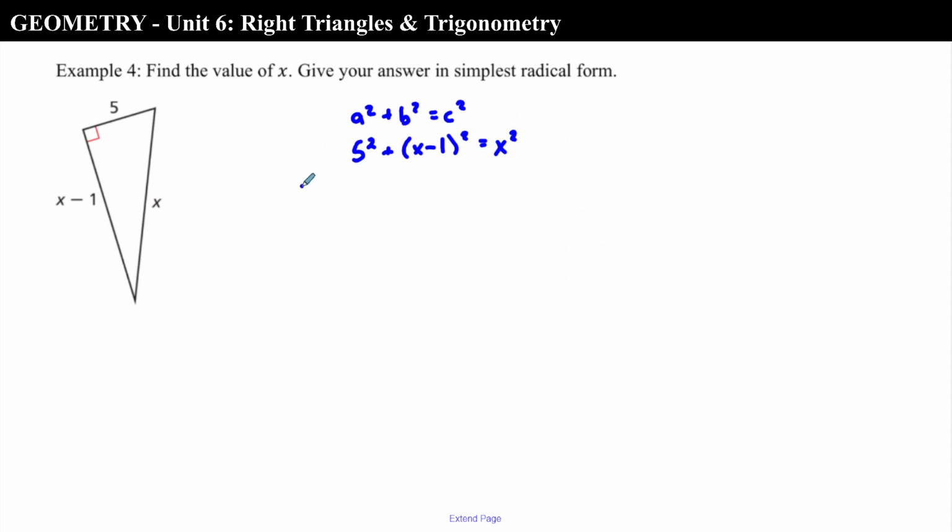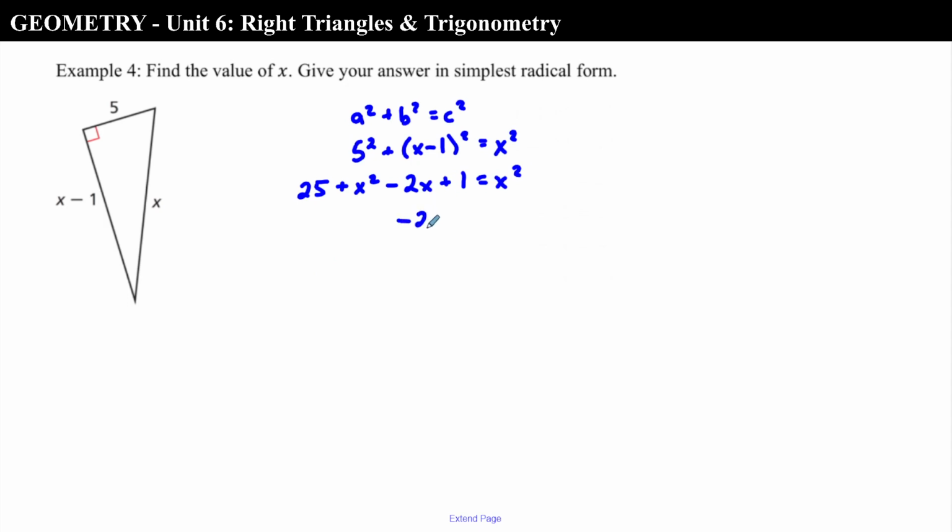All right, 5 squared is 25. And we're going to square this binomial. So you get x squared minus 2x plus 1 equals x squared. You can subtract an x squared from each side.